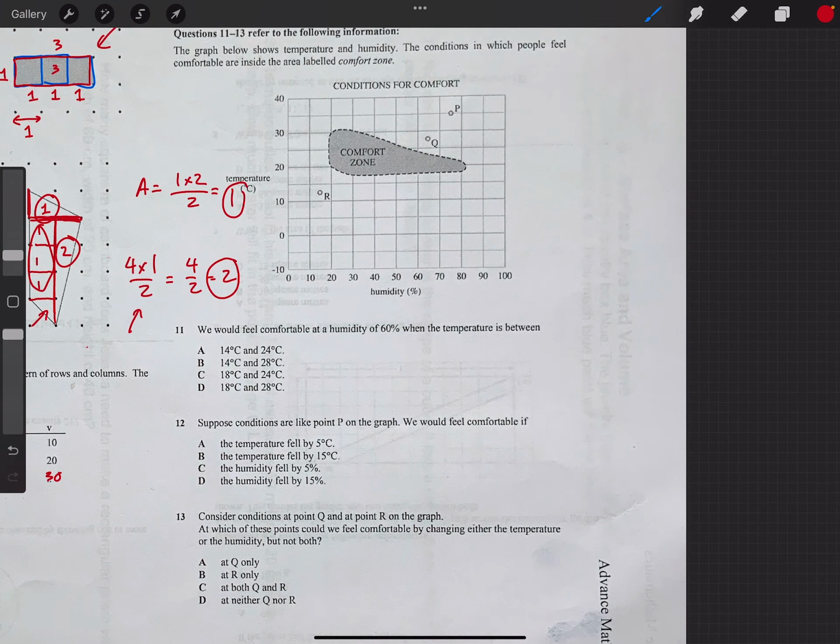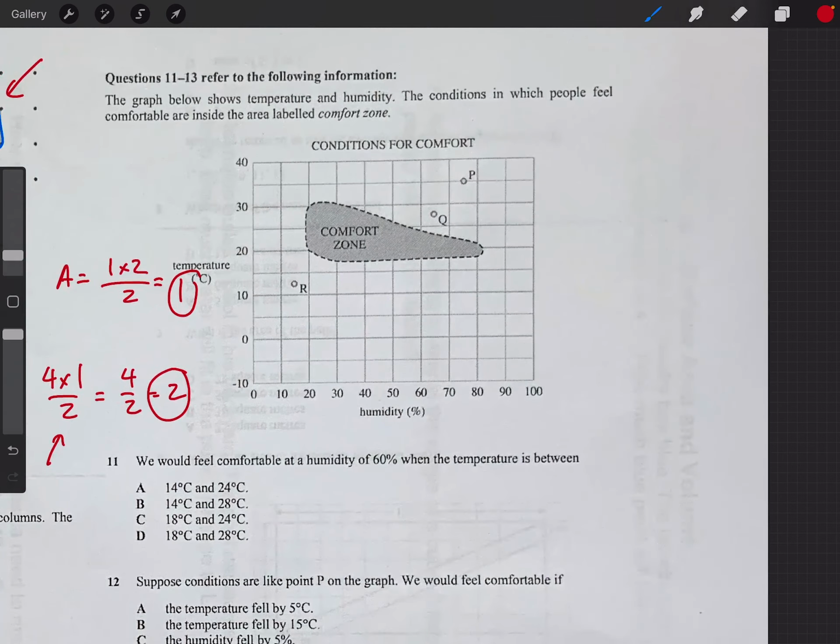Next one says the graph below shows temperature and humidity. The conditions in which people feel comfortable are inside the area labeled comfort zone. We would feel comfortable at a humidity of 60% when the temperature is between what? So let's have a look. Humidity is here on the graph, and it says humidity of 60%, so I'm going to go from 60 up all the way up here.